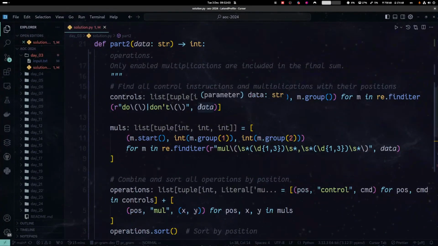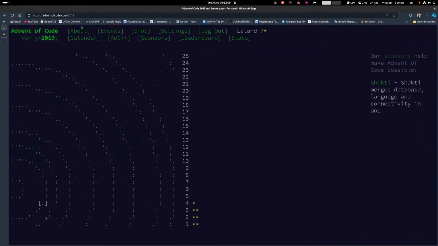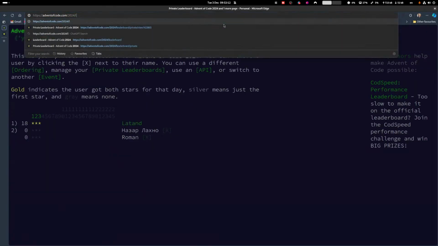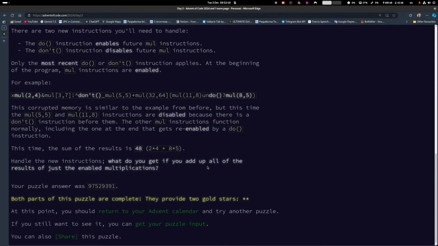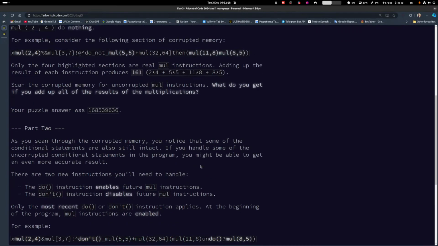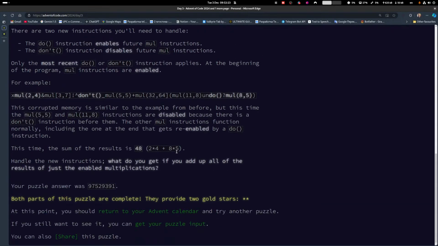All right. This was an interesting task today. Not really hard, but yeah, it's parsing, and parsing doesn't always have to be easy.